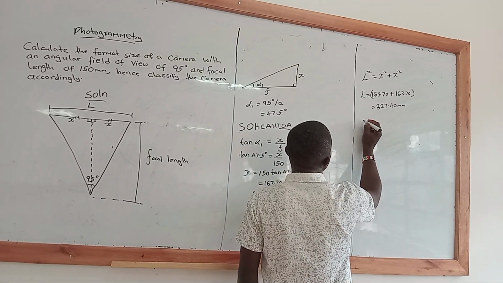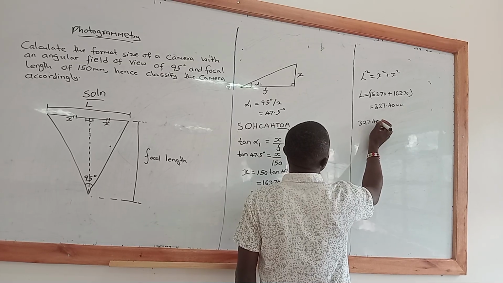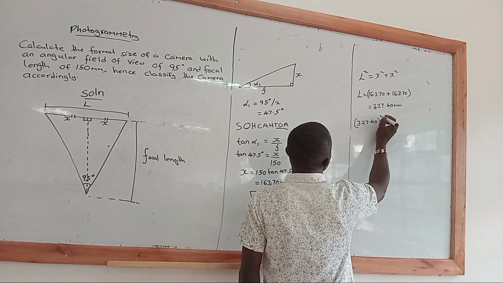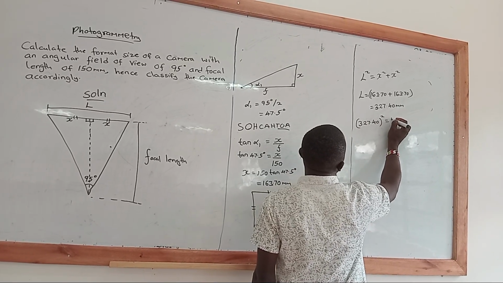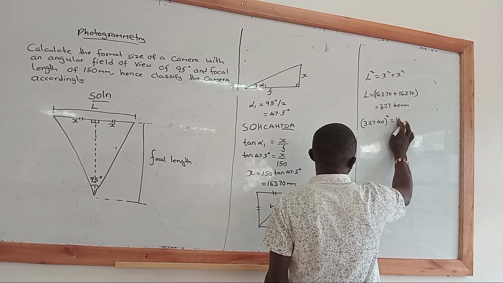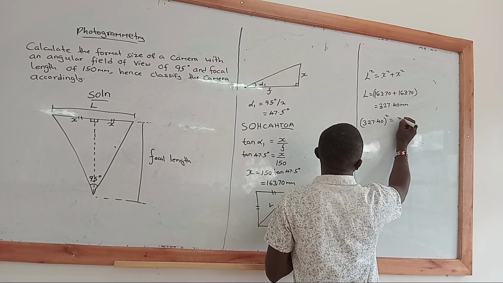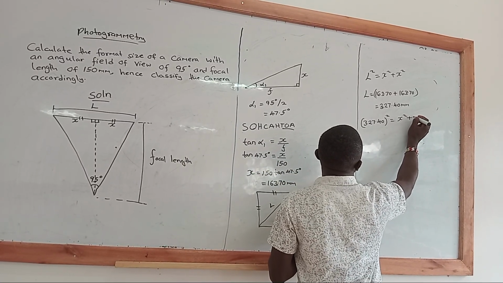So we calculate the equation. So it will be 327.40 square, which will give us x squared plus x squared.